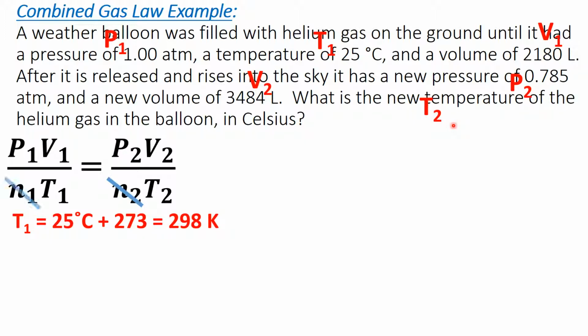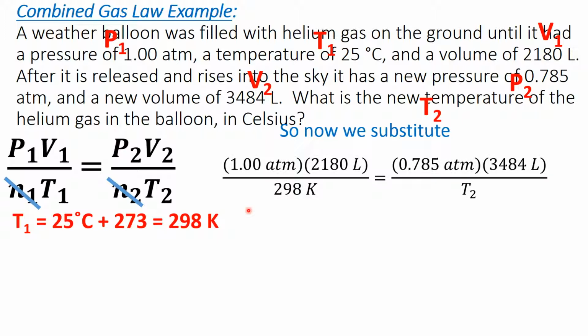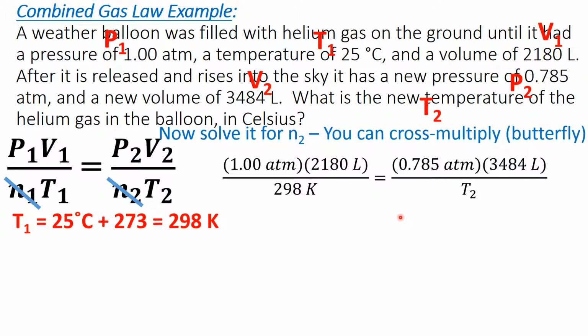If we do our substitution, we've got a lot of stuff. Oh, by the way, we didn't see moles in here, so we can get rid of moles in our equation before we substitute. So strike that out, since it's not in the equation anywhere, or in the problem. And then substitute. We get this great big mess here after we do the substitution, but we can still solve it the same way with our butterfly.